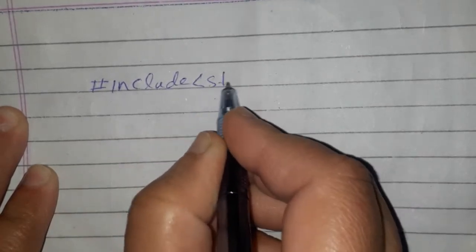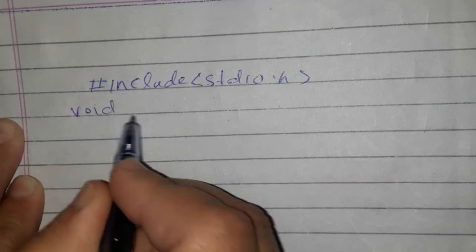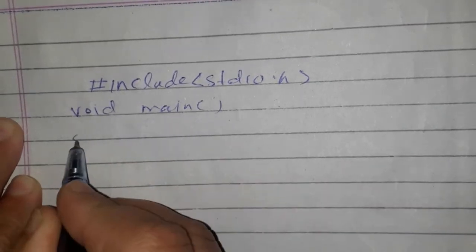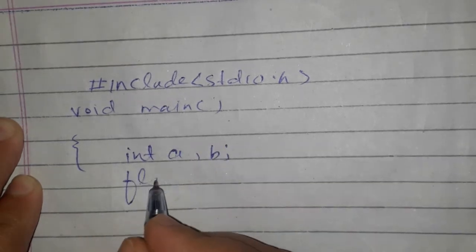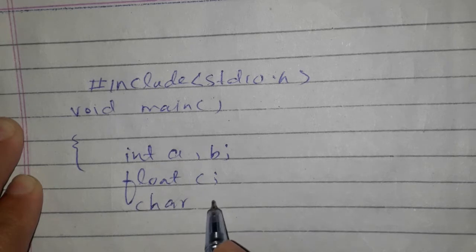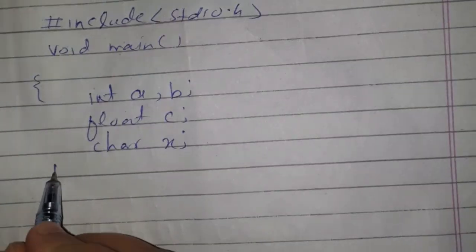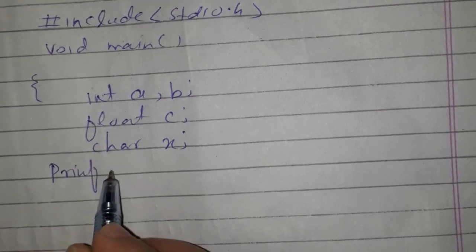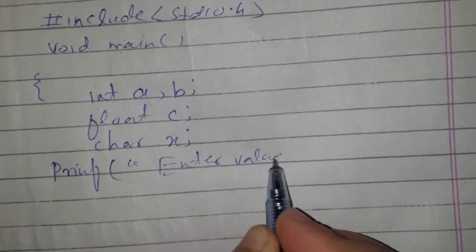Let's discuss some examples. #include <stdio.h> is the header file which contains the scanf and printf function declarations. Let's declare variables of integer, float and character types. a and b are of type integer, c is of float data type, and x is of character data type.